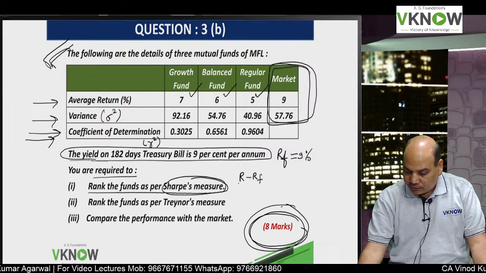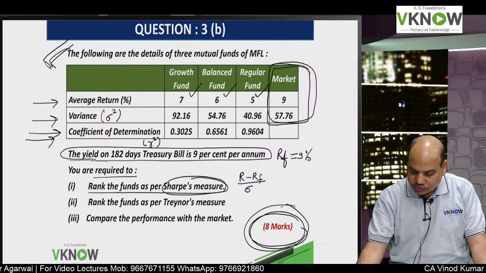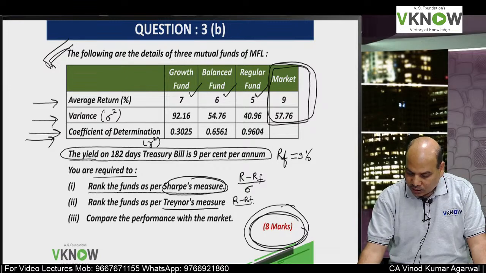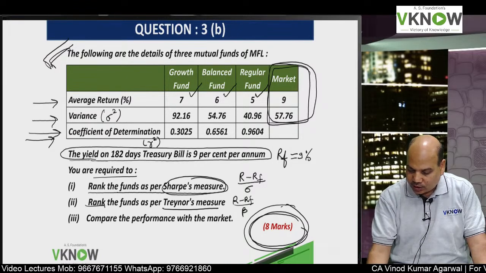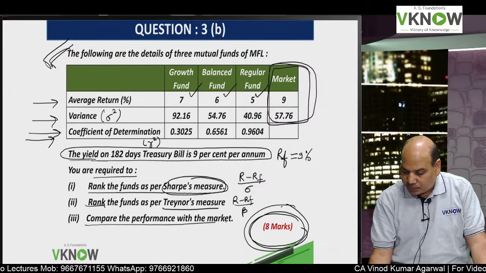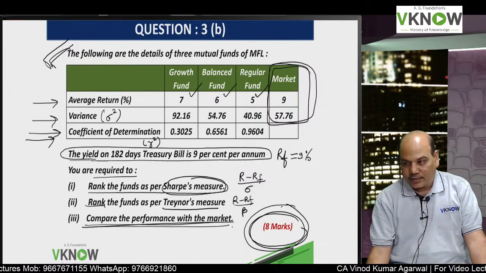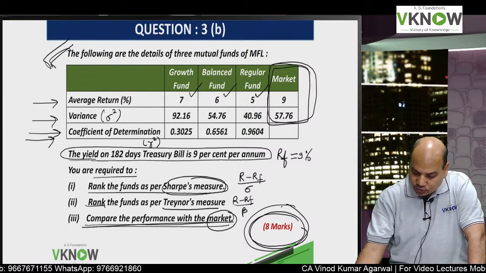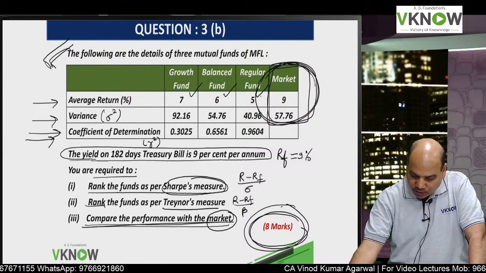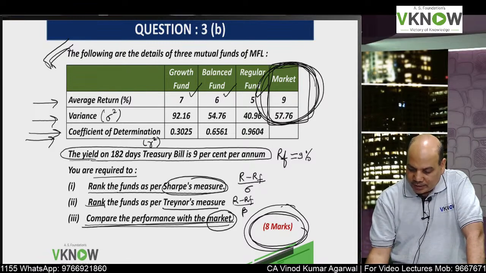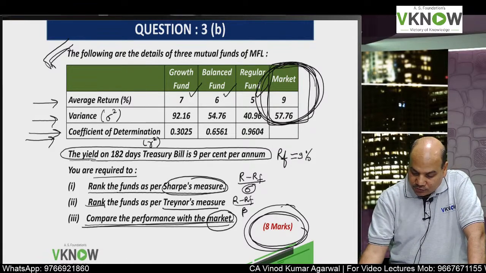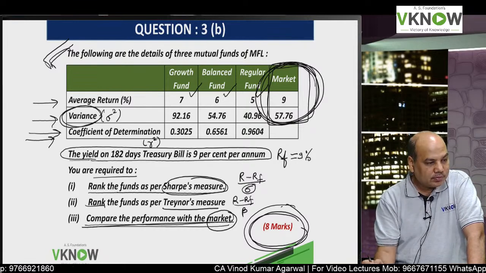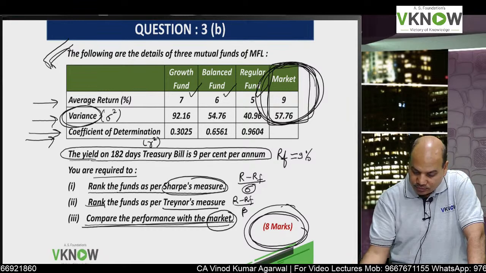Sharpe ratio is average return minus risk-free return upon sigma. Treynor ratio is R minus RF upon beta, and you have to rank. Compare the performance with the market. So for market also we'll compute Sharpe and Treynor. I need sigma. Variance is given, I'll take the square root.